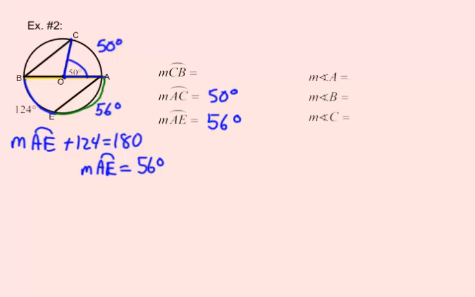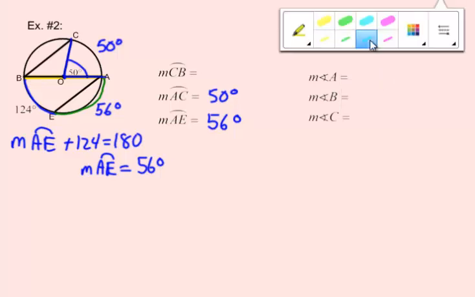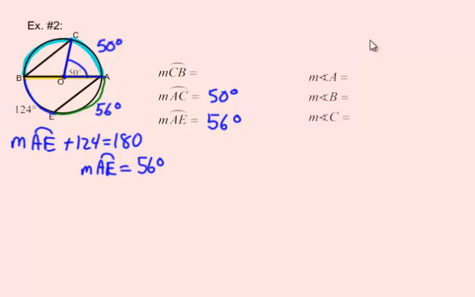And then, as we look here at the top of our circle, again we see that we have a semicircle, which is going to be 180 degrees. So we'll say, the measure of arc BC plus 50 degrees equals 180.